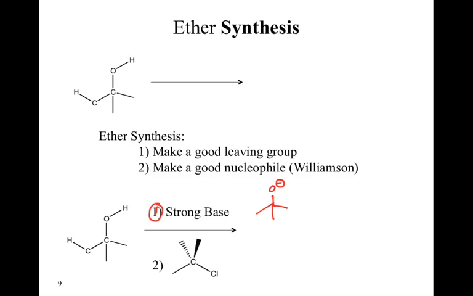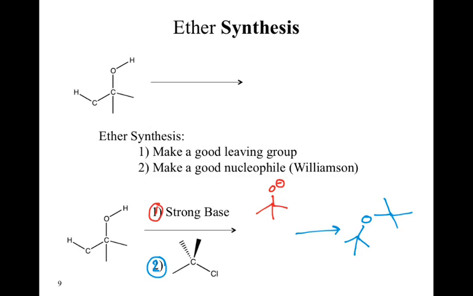Now that it is negatively charged, I can react that with a standard electrophile, and I can form my second product, or my final product. In theory, yes, there are complications to this, of my ether.